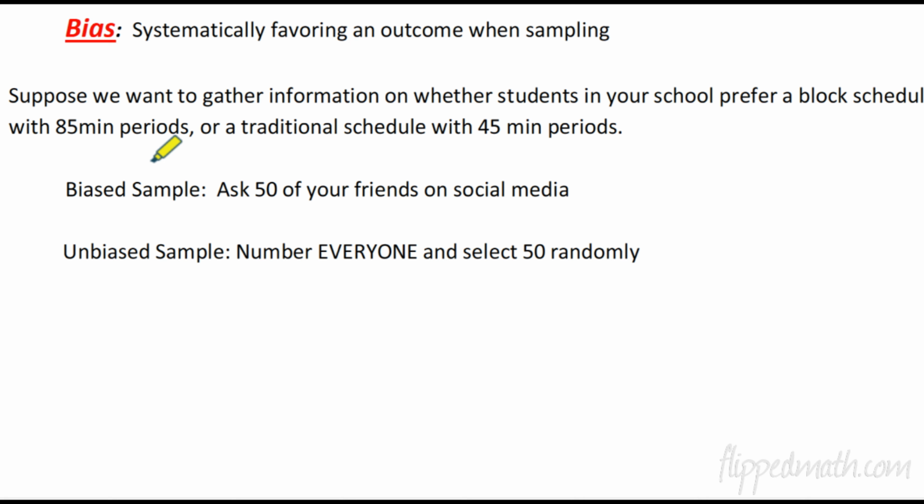Suppose we want to gather information on whether students at your school prefer block schedule, with 85-minute periods, or traditional schedule with 45-minute periods. Another example of a biased sample would be to ask 50 of your friends on social media. If you just put up a poll on your Snapchat and ask 50 people to tell you what they think about block schedule or traditional, what's likely to happen is that your friends probably have the same views that you have.